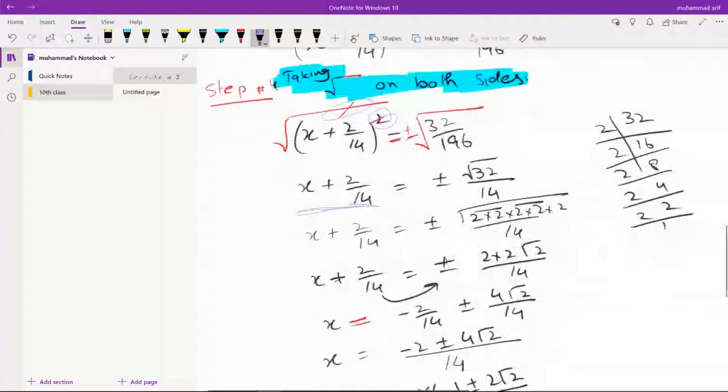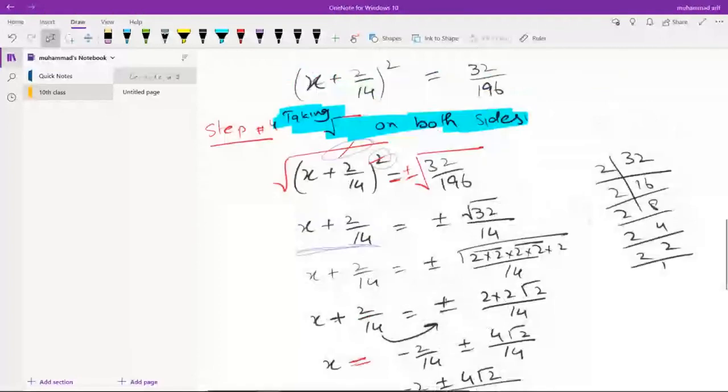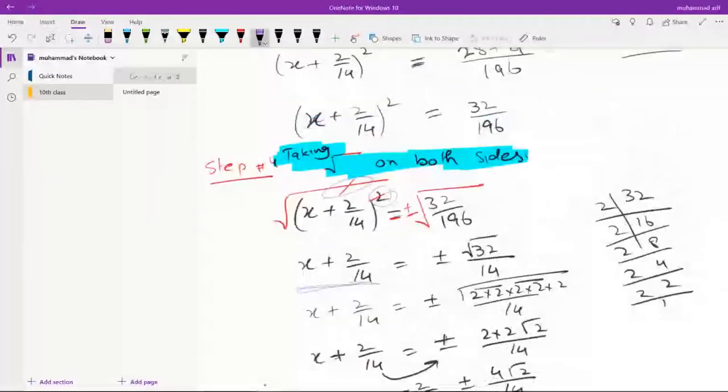On the right hand side, we have 32 by 196. We can simplify here by 2, 16, and it's up to you. You may solve or not, simplify or not.